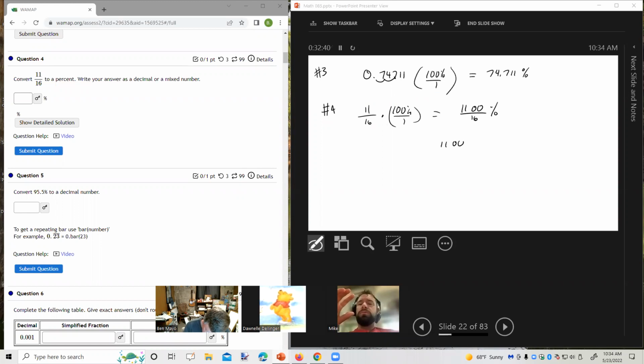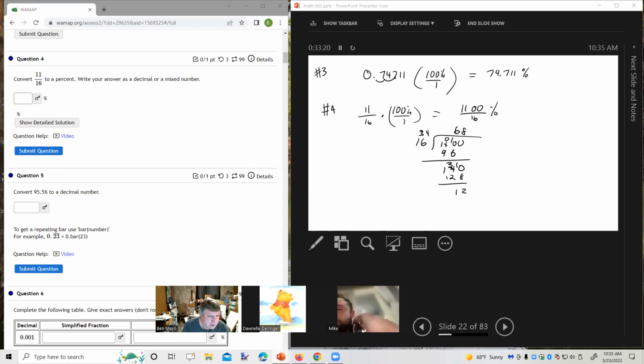If I take 1100 and divide it by 16, let's see, that goes in 6 times. 96, and borrowing and carrying, we get a 4 and a 1. Bring down a 0. 16 goes in 8 times, I think. 48, carry the 4. 12, borrow and carry, we get a 2 and a 1.